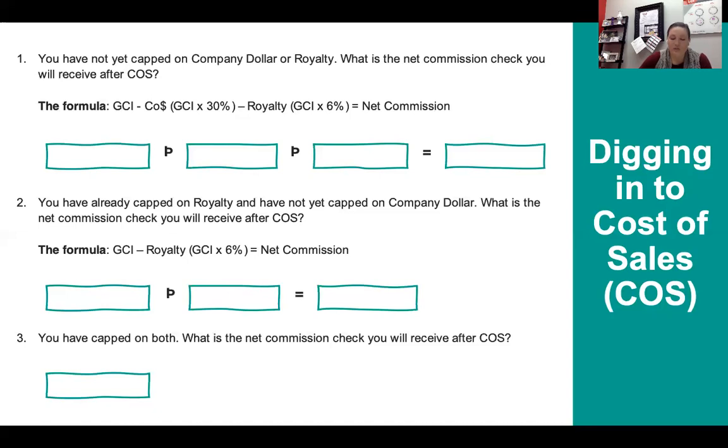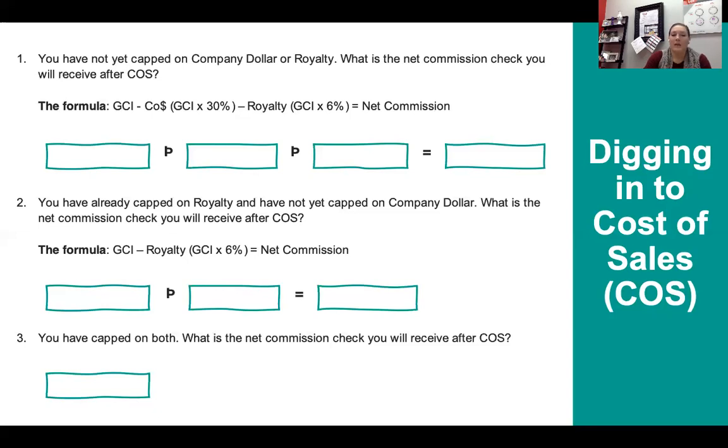Then you have your 4,500 minus your 1,350, because that was your gross commission multiplied by 30%. And that leaves you with your net commission of $3,150. If you are completely capped, you get the entire $4,500.